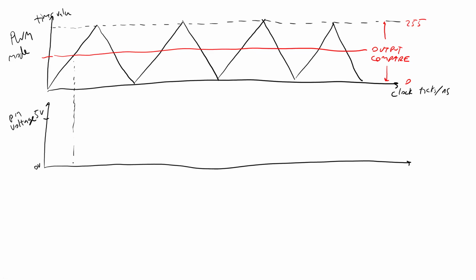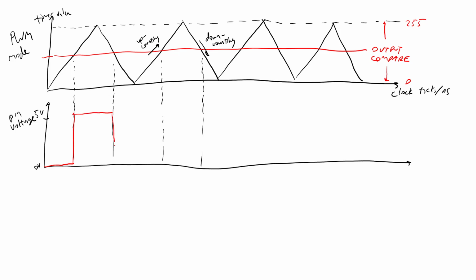And what happens is it is going to toggle the value of that pin each time the timer value is either up counting, so this is, and this is down counting. It's going to toggle the pin value. So if the pin value starts out low, then when this cross happens, then the pin value is going to go high.